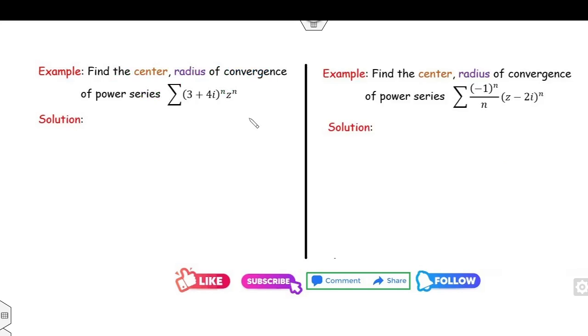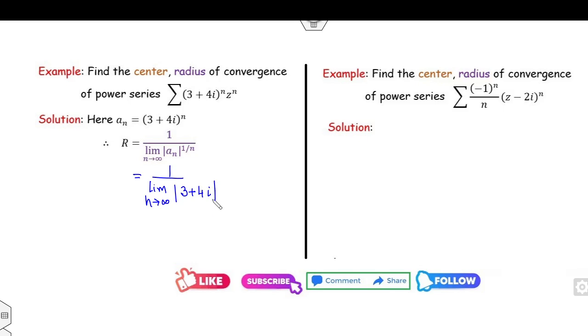Look at the next one. Find the center and the radius of convergence. Your a_n will be (3 plus 4i) raised to the power n. Again it's a power n, so you can start with this quantity: the limit as n approaches infinity of |3 plus 4i|. So what is the modulus of x plus iy? The modulus of x plus iy is the square root of x squared plus y squared.